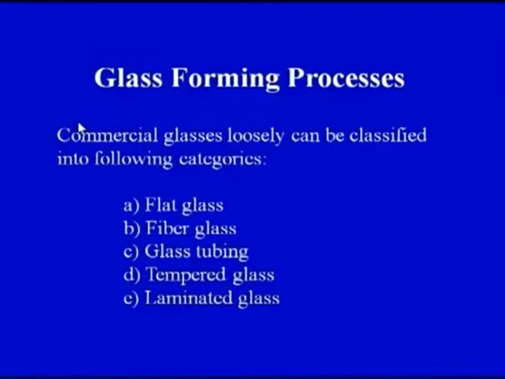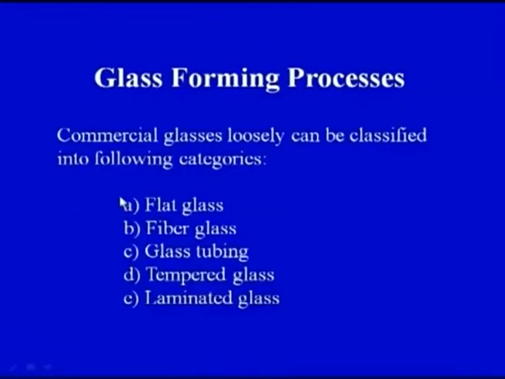So, now one by one we will see the various processes that will be used for processing of glass into various shapes. Commercial glasses loosely can be classified into the following categories.